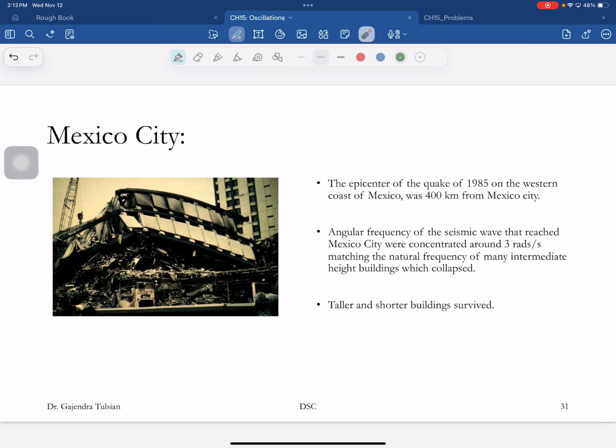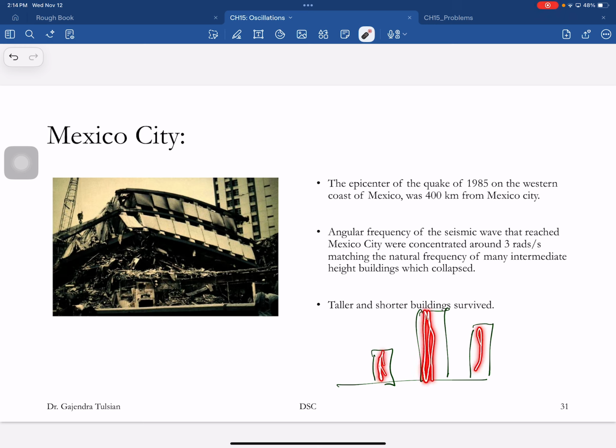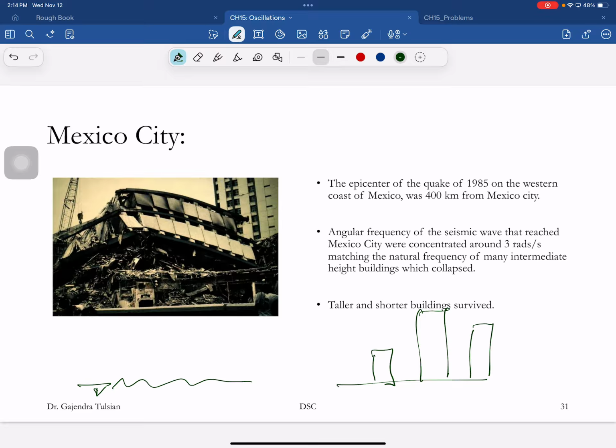All right. In Mexico City, there was an earthquake about 250 miles from Mexico City. And here's what happened. Here's Mexico City. It turns out that the natural frequency of oscillation of a building is related to its height. Here's the earthquake, and these earthquake waves traveled here.